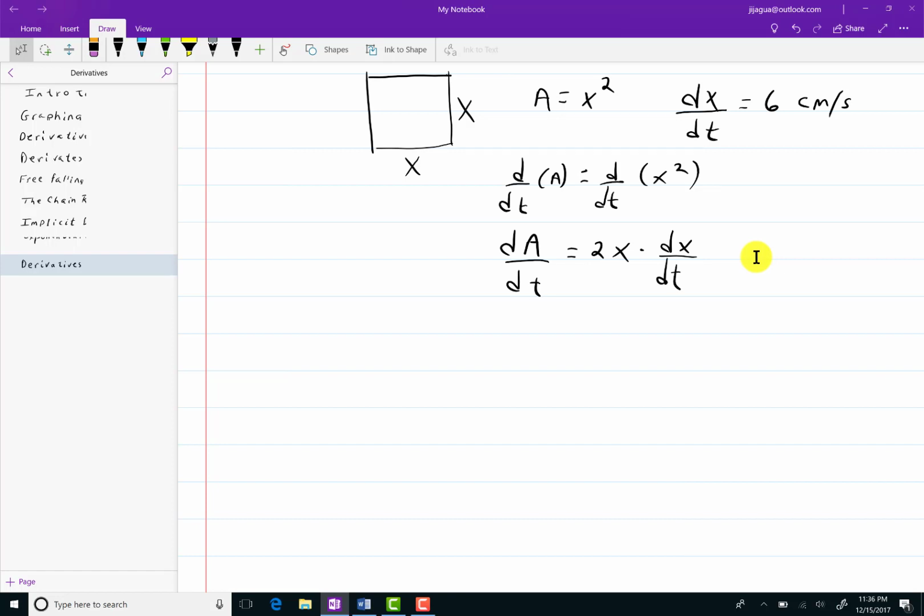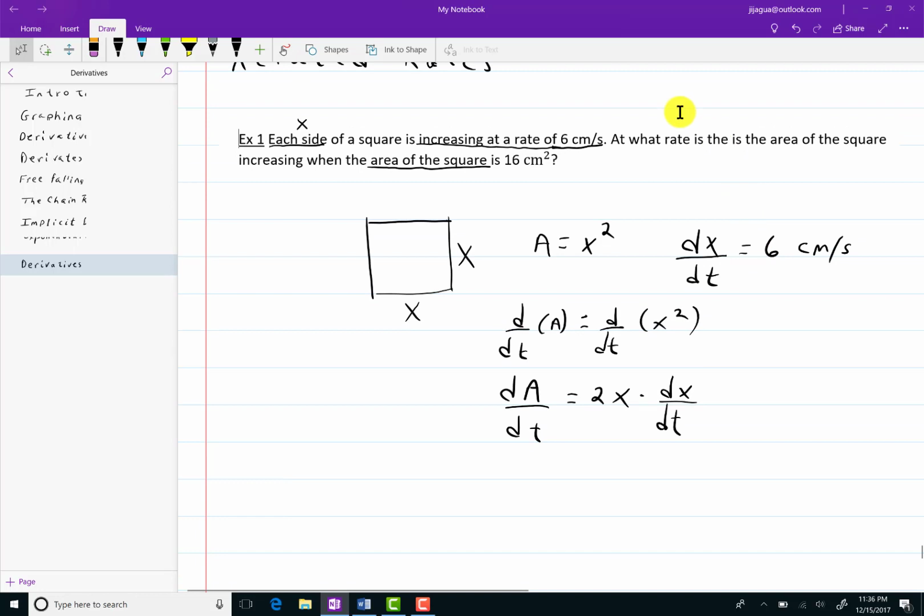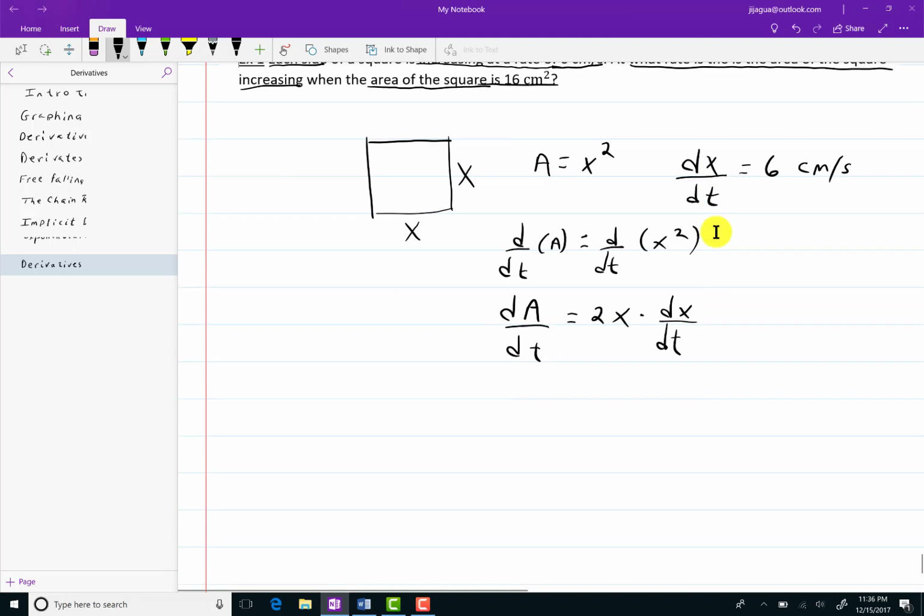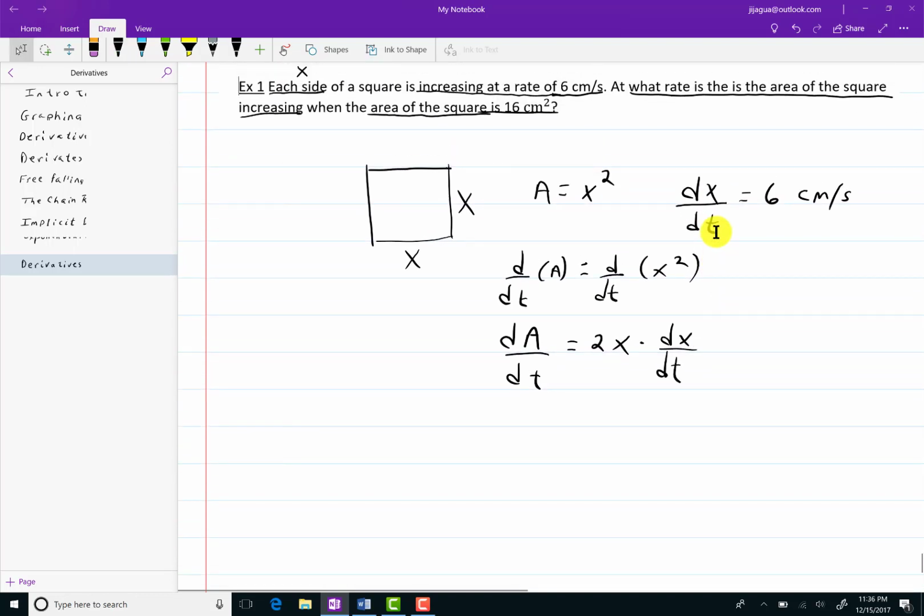Let's see what they're asking us for. They want to know at what rate the area of the square is increasing when the area of the square is 16 centimeters squared. So, I don't know this, but it's asking me for that.